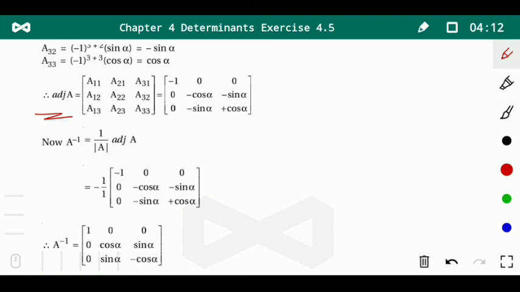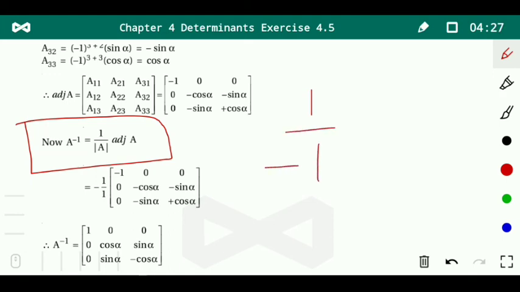So now we have to put the values of the adjoint of A and the determinant of A into A inverse. A inverse is given by 1 upon determinant of A into adjoint of A. The value of the determinant of A is minus 1, so 1 upon minus 1 is minus 1, into the adjoint of A, which is minus 1, 0, 0, 0 minus cos alpha minus sin alpha, 0 minus sin alpha cos alpha.